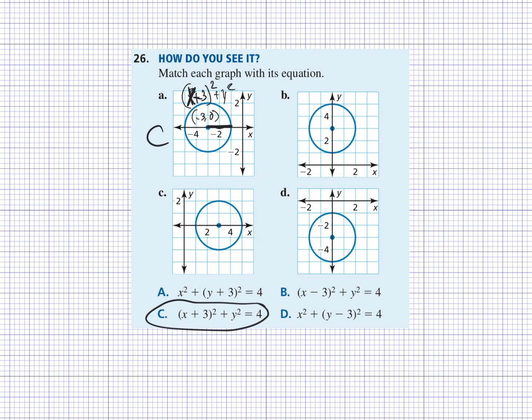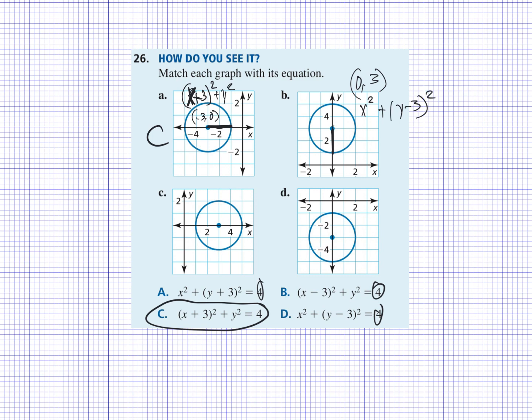That one's done. Now B again has a radius of 2, so that's going to be 4. These are all 4s for r squared, so that's not going to help you. So now what's the center? The x-value is 0, which gives us x squared, and we're at 1, 2, 3, so that'd be y minus 3.